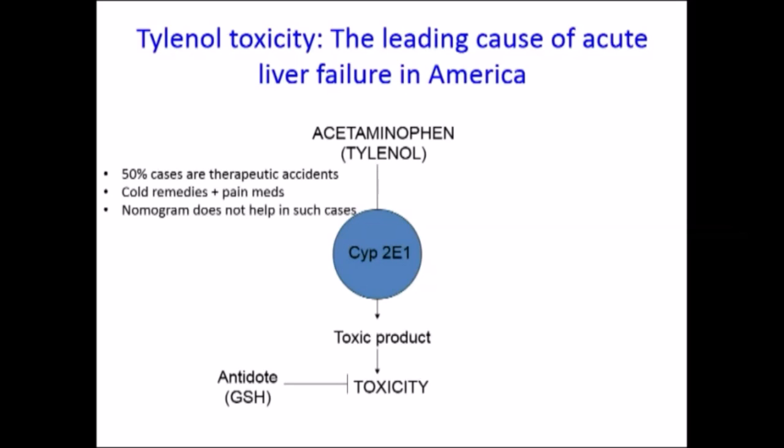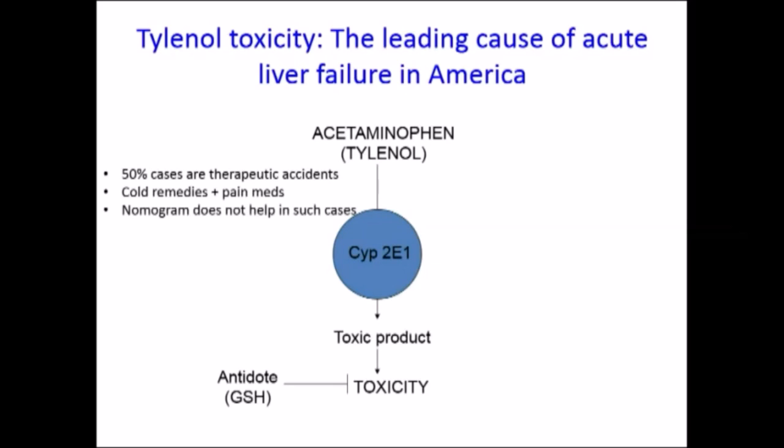So Tylenol gets broken down by an enzyme called CYP2E1 into a toxic product, which is very, very electrophilic and produces injury to the liver. That's what causes toxicity. The liver's natural protection is glutathione, GSH.